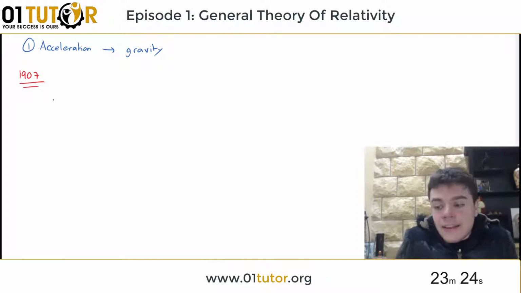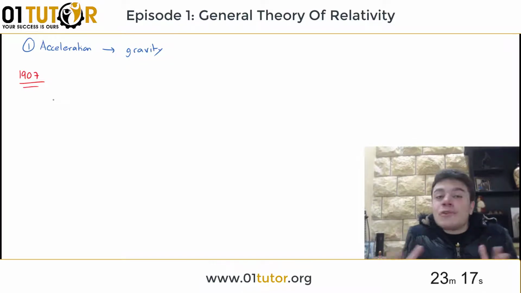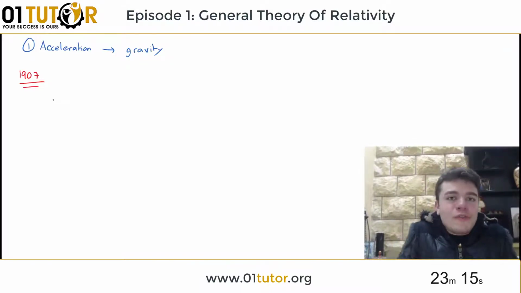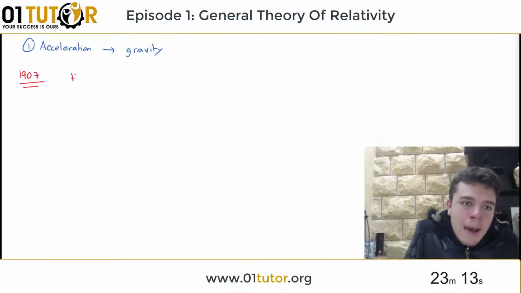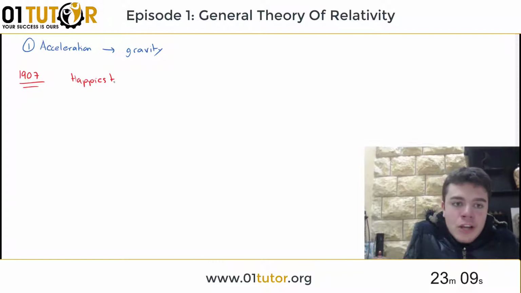When he was sitting at his desk, he described this thought that he had as the happiest thought of his life. Okay, so let's see what's the happiest thought of his life. This thought led Albert Einstein to discover the connection between acceleration and gravity.